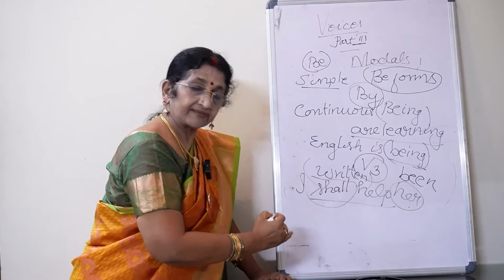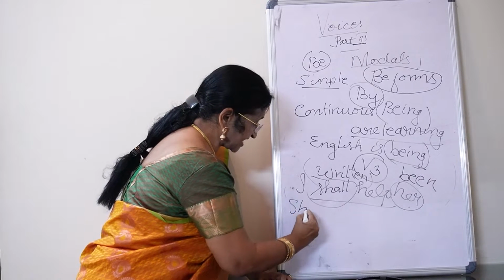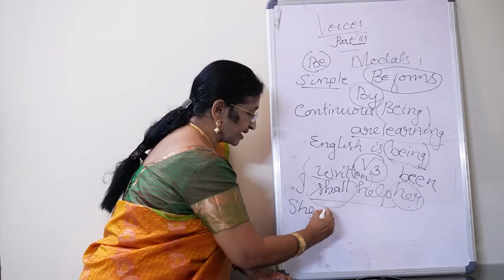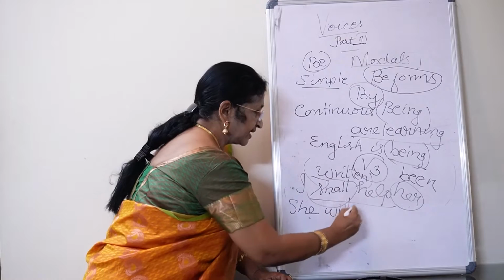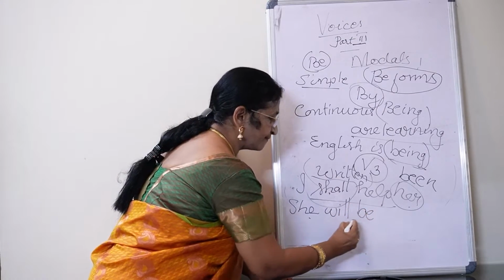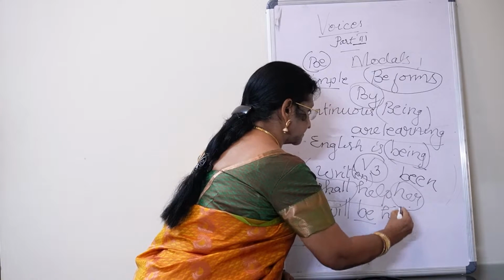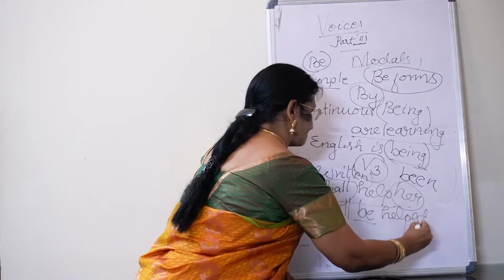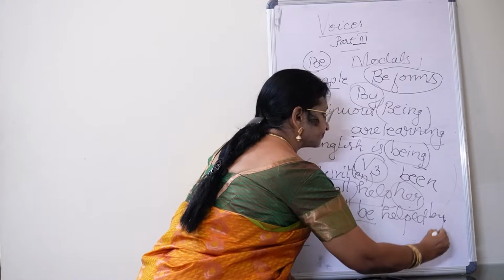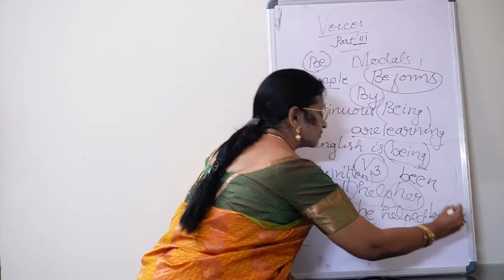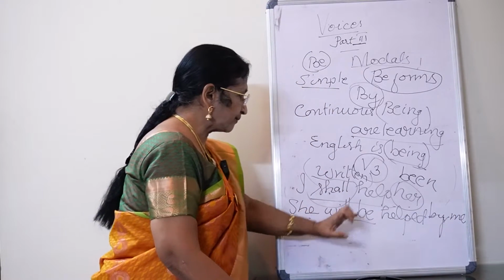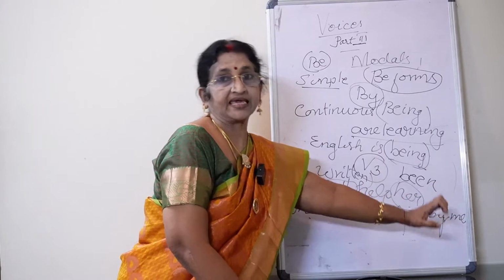When it becomes the subject, we have to say it as she. Then shall will become will. Then we have to introduce the word be. She will be helped by me.